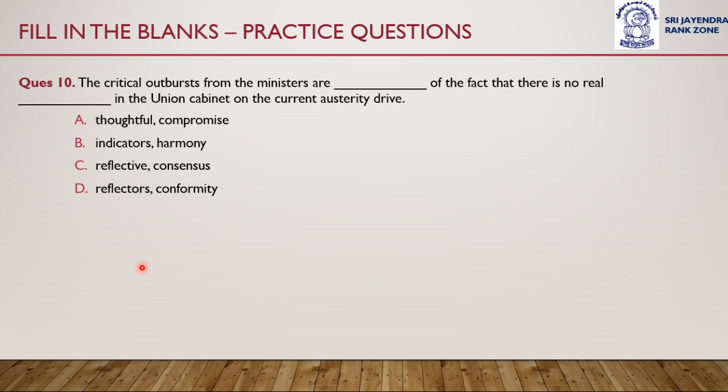Our options are option A, thoughtful and compromise, option B, indicators and harmony, option C, reflective and consensus, and option D, reflectors and conformity. Which of the options best suits this blank?